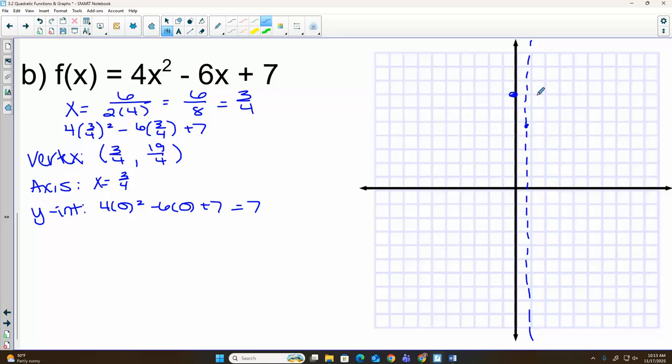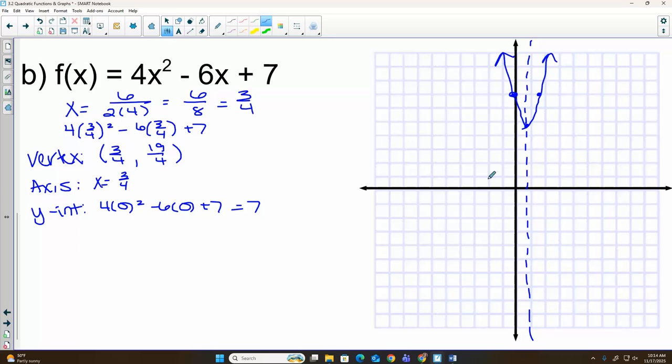So if you go 3/4 or 0.75 the other direction, that takes you to 1.5. So that's our graph with at least 3 exact points. And if you have trouble reflecting it, you can always just plug in another number or 2 to get your graph. So that is fine once you have your vertex.